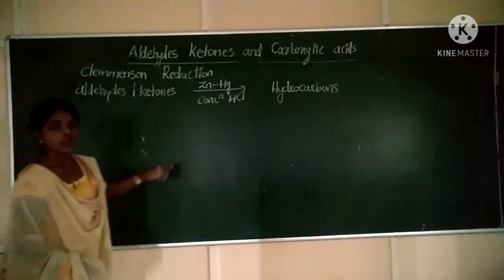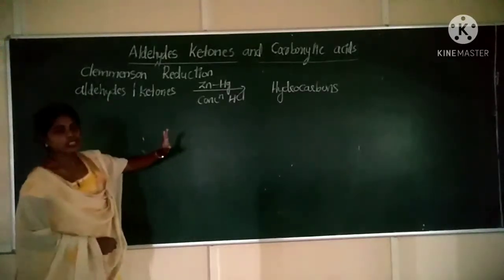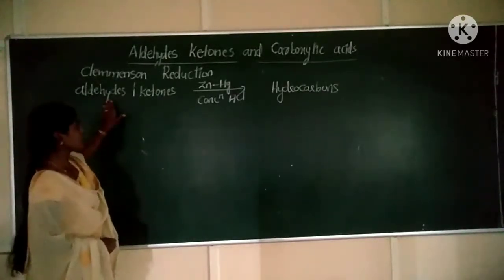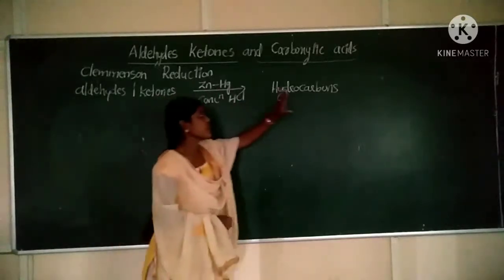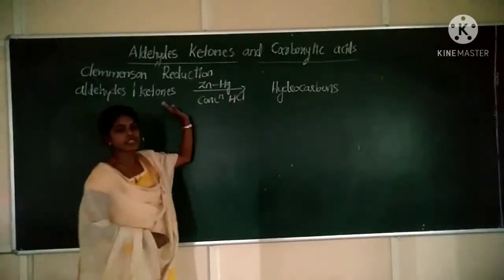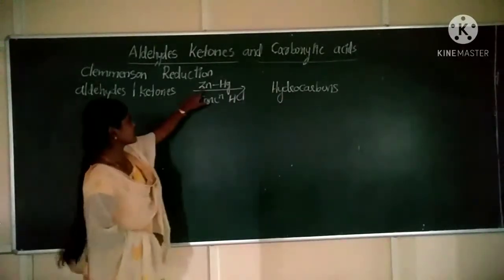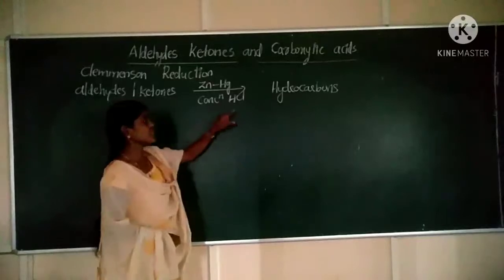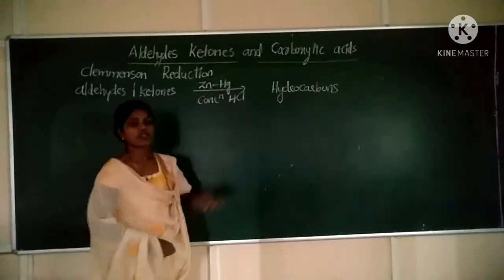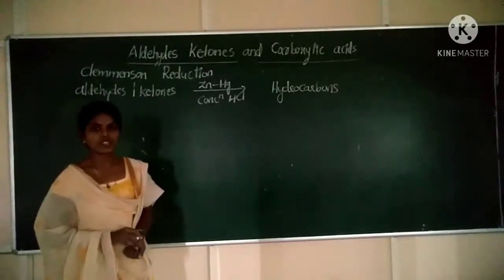Clemmensen reduction. Look at the definition. Conversion or reduction of aldehydes and ketones into corresponding hydrocarbons by treating with zinc amalgam and concentrated HCl. So this reaction is said to be Clemmensen reduction.